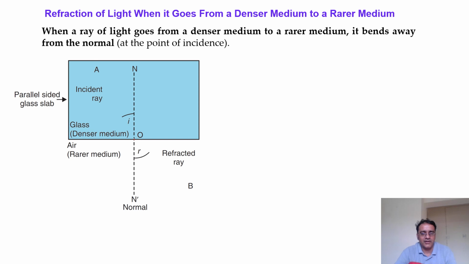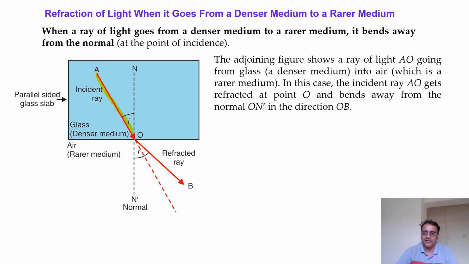So take an example. Again हम लोग ग्लास से एयर की तरफ ले रहे हैं. ग्लास से suppose this is the incident ray, AO is the incident ray. So this is the original path, okay, and it will bend away from the normal. So OB जो है वो हम लोग का refracted ray हो गया.